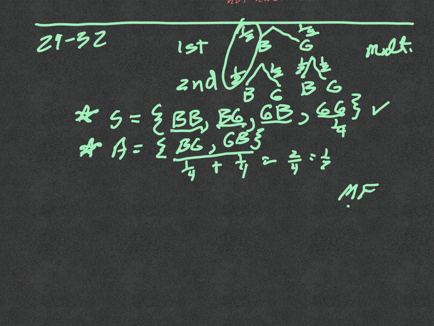Or for coins, heads and tails. Or cards, getting a heart and not getting a heart, not a heart. All right. And so you can create sample spaces in this way very easily. So there are problems like that.